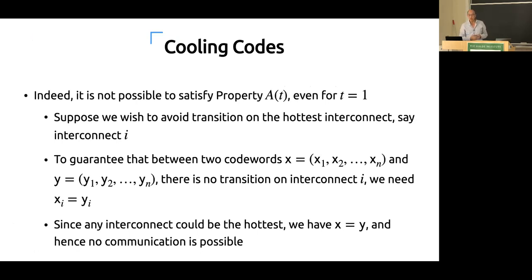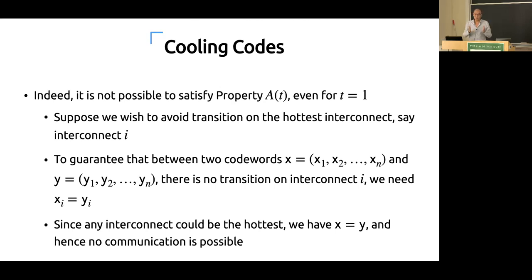It's not possible to satisfy property AT even when t equals 1. Why? Well, suppose you want to avoid transition on interconnect i, which is the hottest interconnect. To guarantee that there's no transition, you need position i of the code word to be in the same state as the previous transmission.